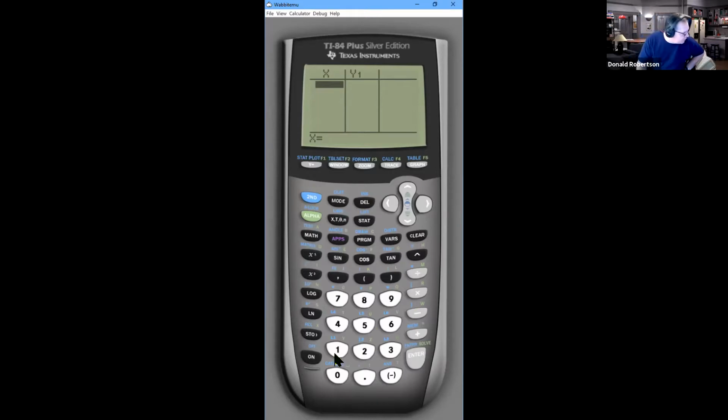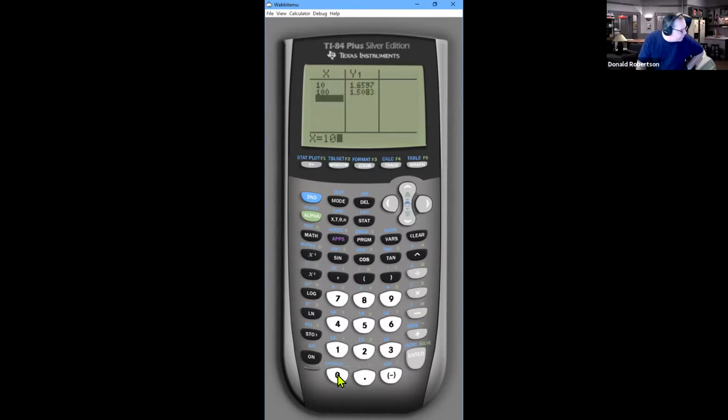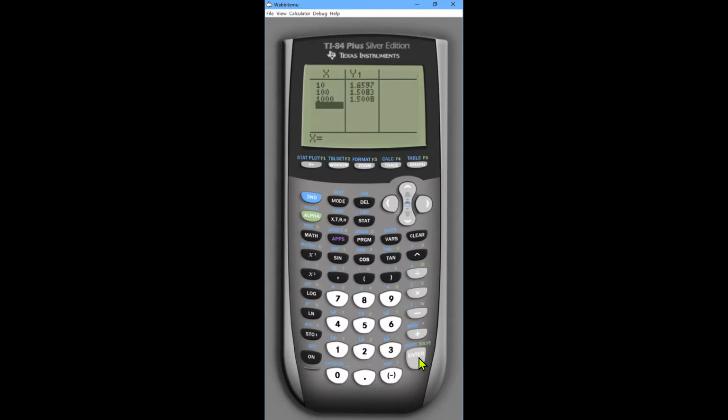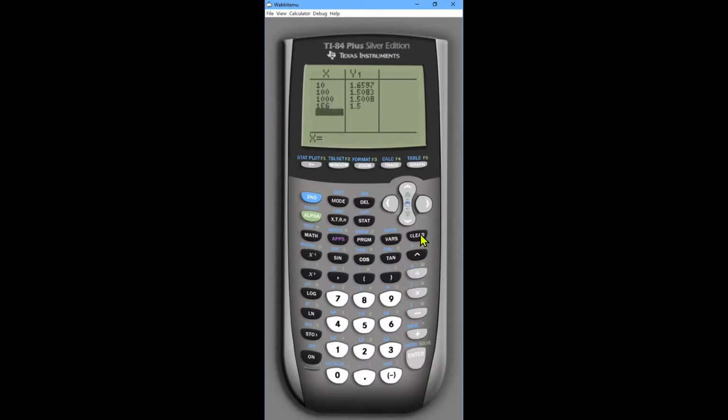So I'm going to find what the function is at 10, and then at 100, and then at 1,000. Does that make sense? If you're interested in infinity, what it would look like. And I'm going to finish with 1,000,000. 1, 2, 3, 4, 5, 6. I think that's 1,000,000. Okay.